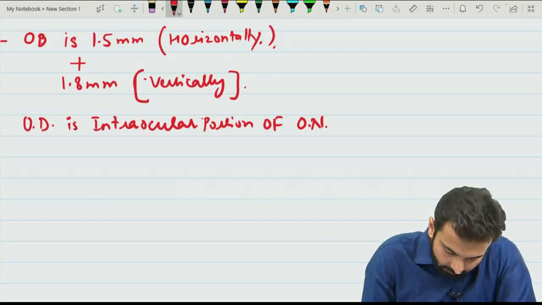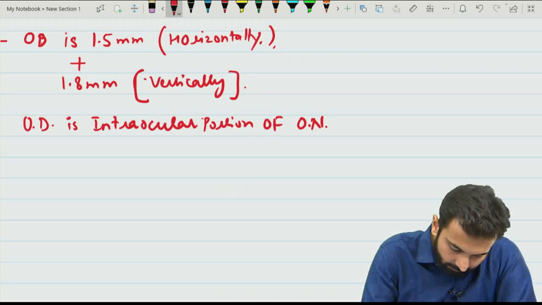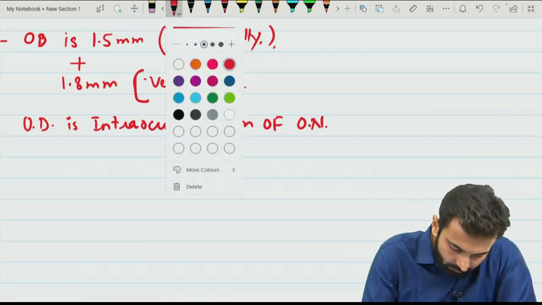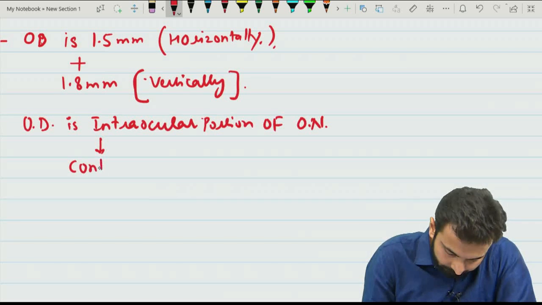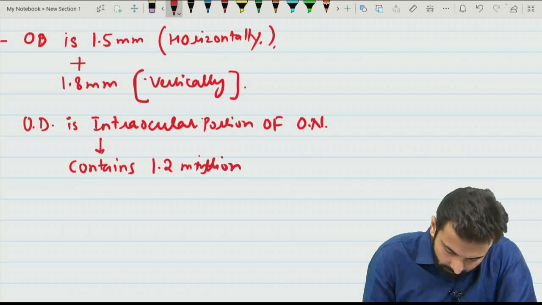And it contains 1.2 million axons, right?